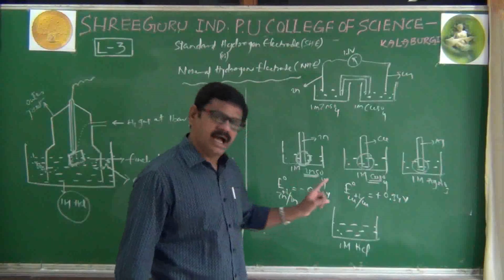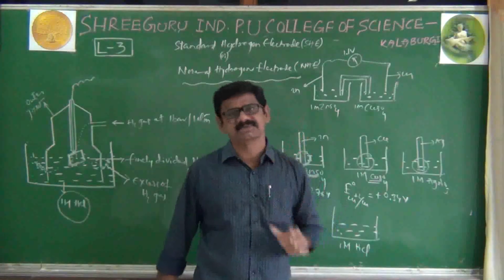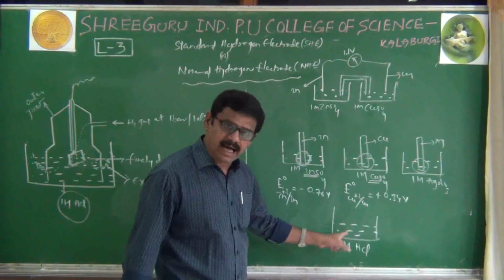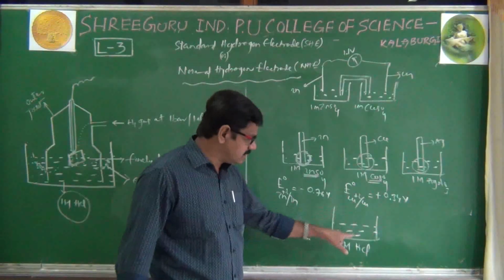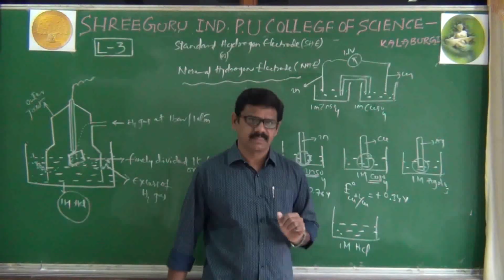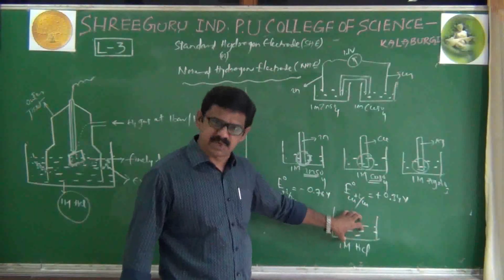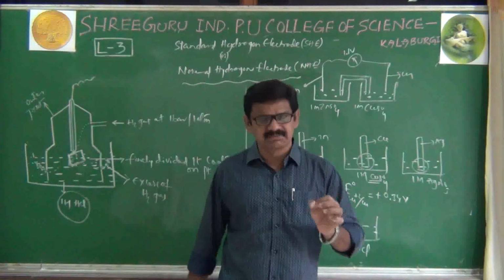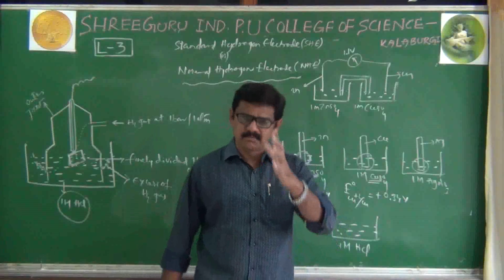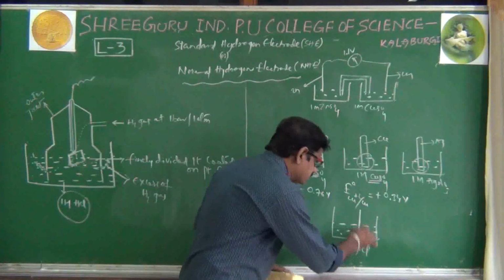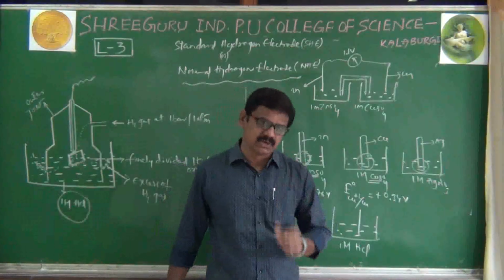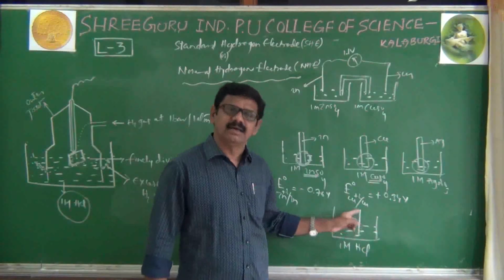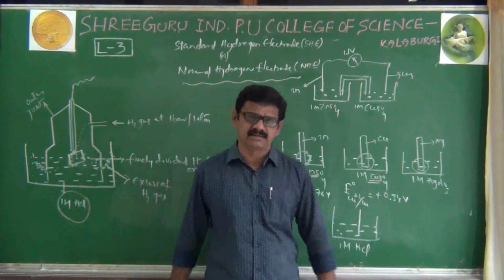But hydrogen is a gaseous substance, and how to dip hydrogen gas in HCl solution is a big question mark. To overcome this problem, we have to use an inert electrode like platinum. What is the meaning of inert electrode? It means that platinum is not able to react with this HCl.